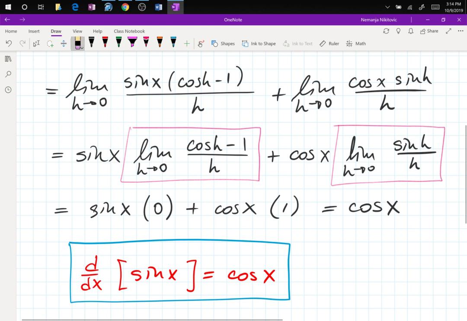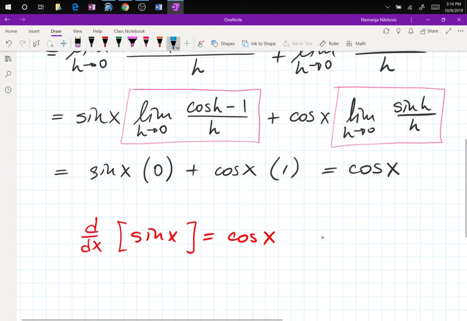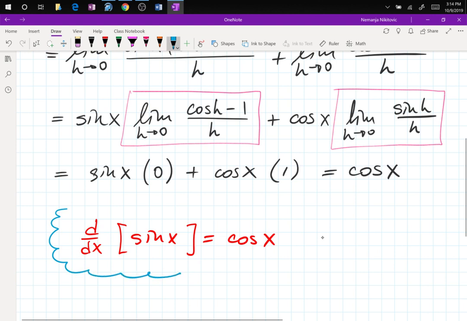I should put that actually on the cloud because it is a key point for today. Derivative of sine is cosine, and you have the proof, right? We used the limit definition of the derivative to show that the derivative of sine is cosine.